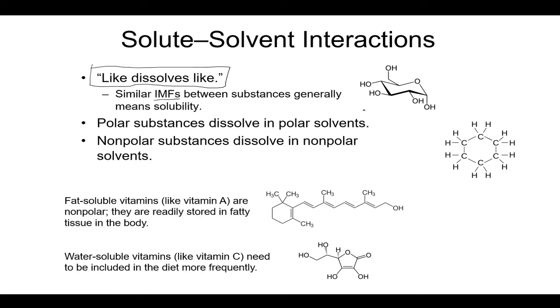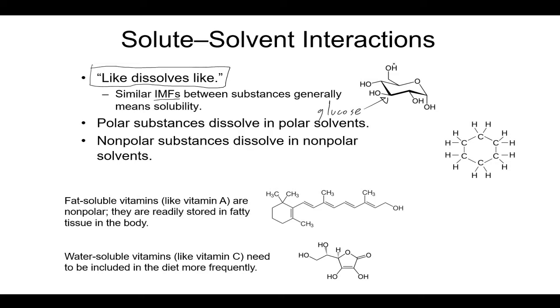Okay, so here we have a glucose molecule that we use in our body for energy. And you can see all these OH groups. Here's one, here's one, here's one, here's one, here's one. And they're all dangling off the glucose molecule. So will this dissolve in water?